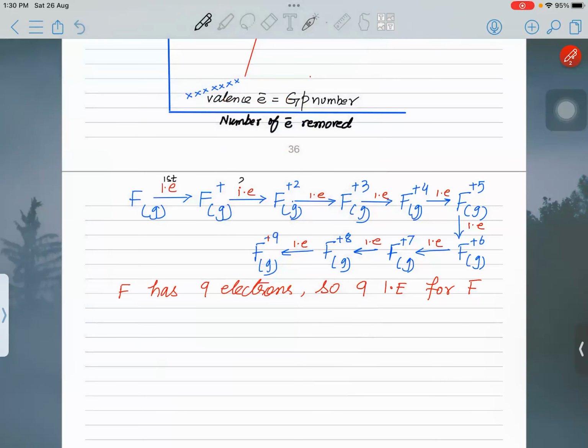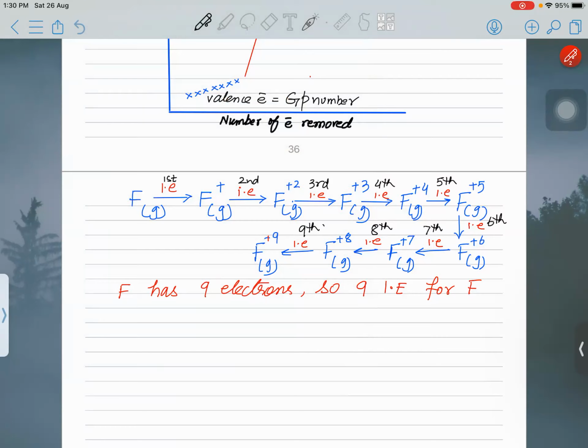First, second, third, fourth, fifth, sixth, seventh, eighth, and ninth. So fluorine has 9 electrons, so 9 ionization energies.